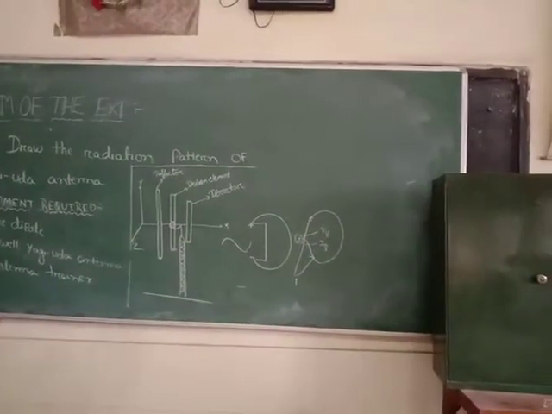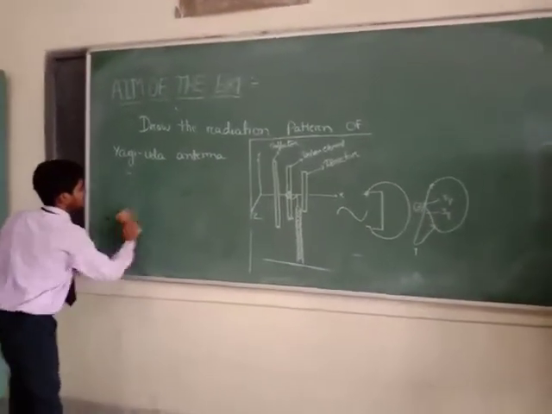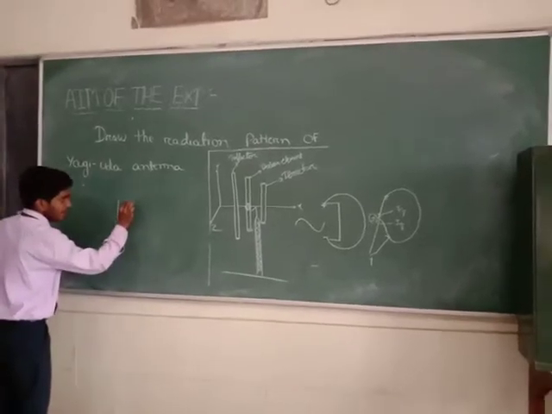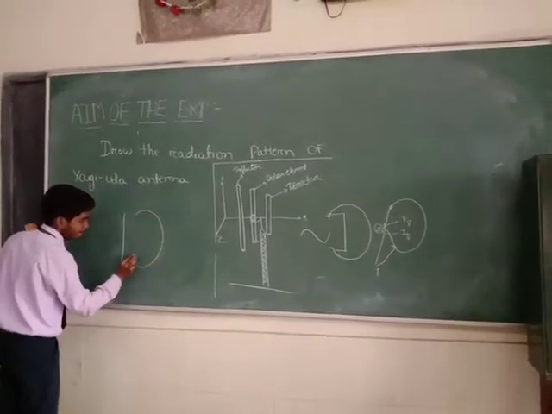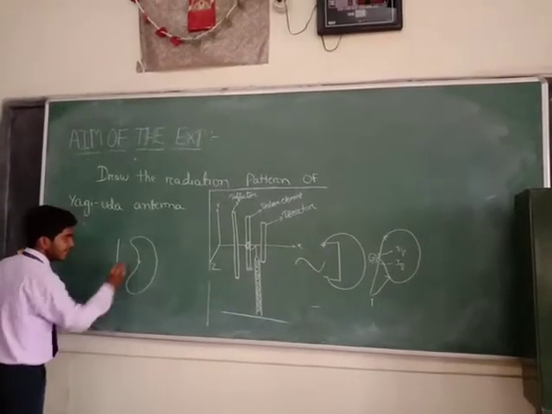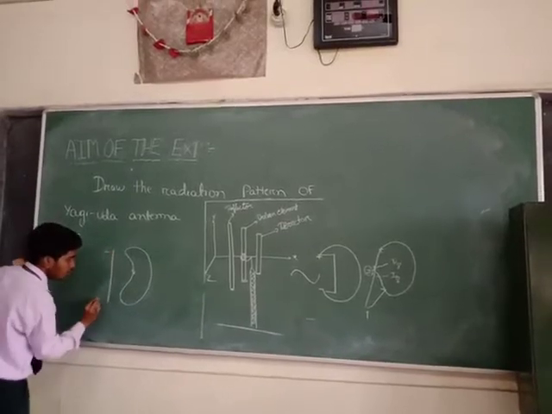I am erasing this part. Okay, so it generates one cycle. Here, when they meet, it releases one cycle, then another one from minus to positive.